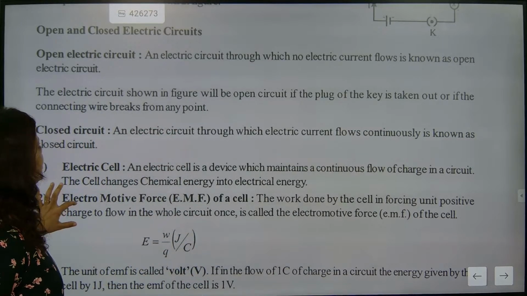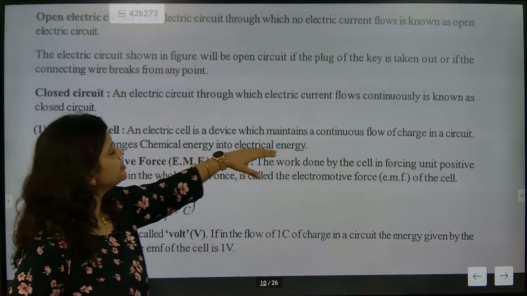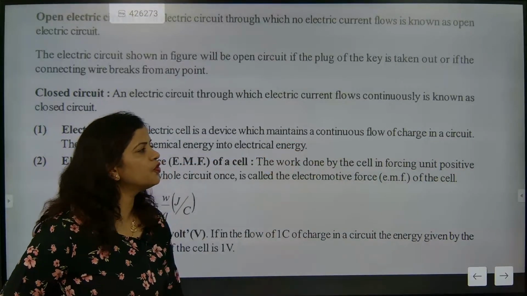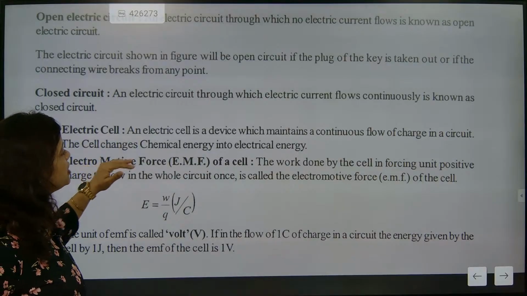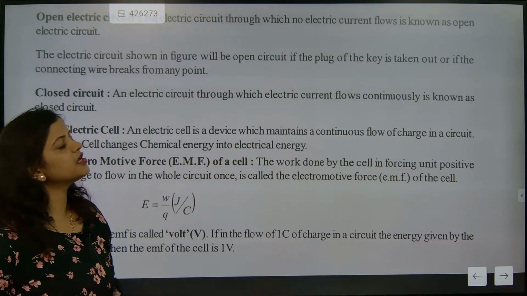Now look here. An electric cell is a device which maintains a continuous flow of charge in a circuit.